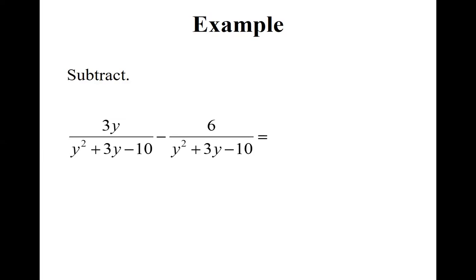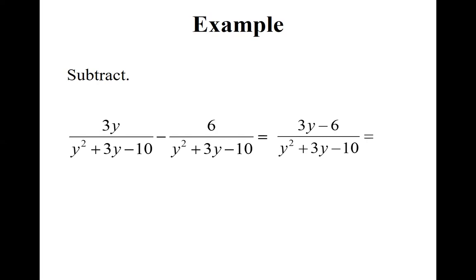The denominators are larger polynomials now, but they are still the same polynomial. We still have a common denominator. So keep that common denominator and subtract along the top, 3y minus 6. Here we can factor on both the top and the bottom.